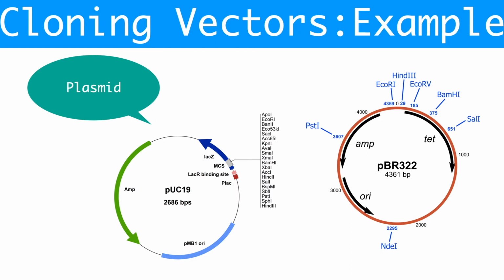The pUC19 vector is 2686 base pairs long and the pBR322 vector is 4361 base pairs long. Both of these plasmid vectors have specific recognition sites for different restriction enzymes. So we can use these restriction enzymes to cut a specific portion of these vectors, insert our gene of interest, recombine with these vectors, and transfer into the specific cell, and we can clone our gene of interest.